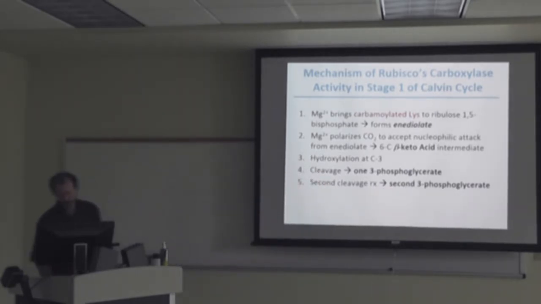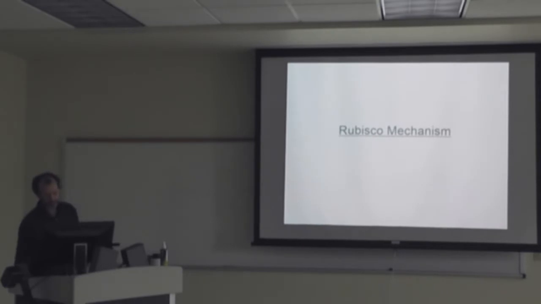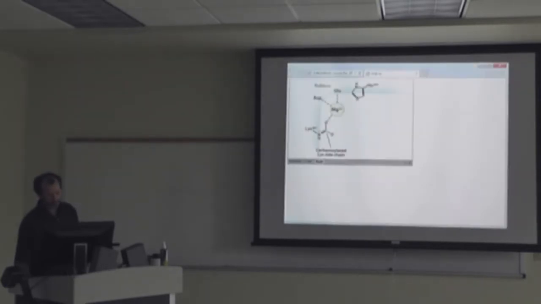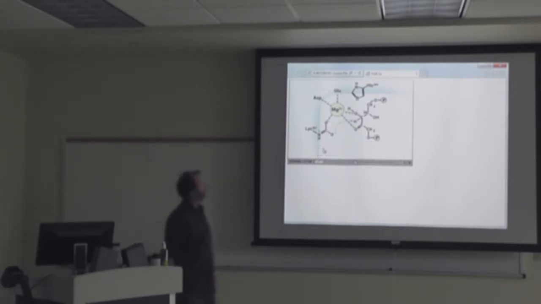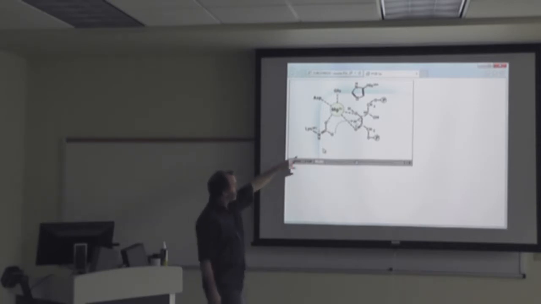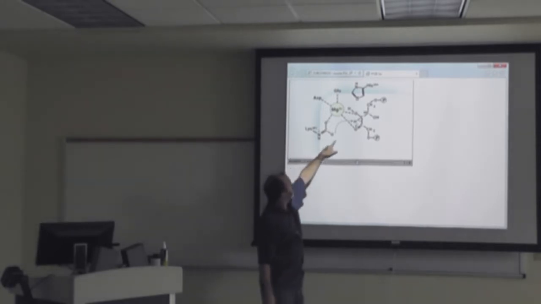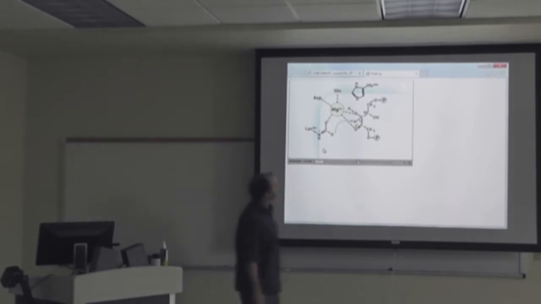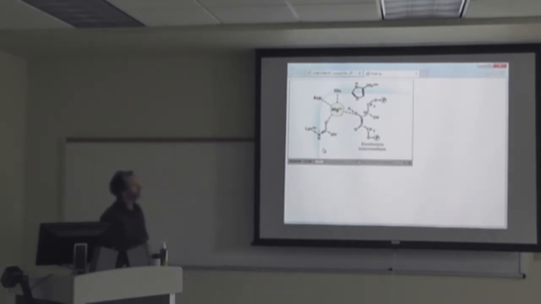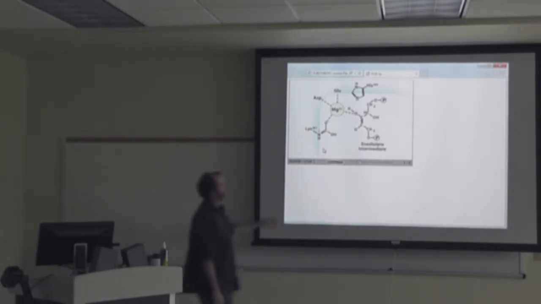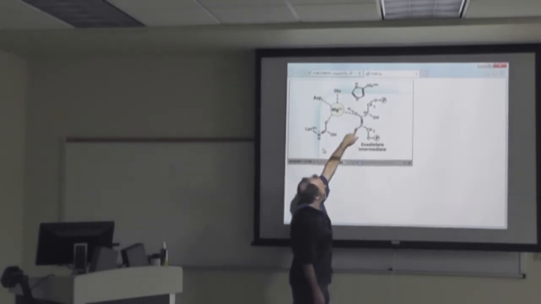And we can look at these mechanisms in more detail. Again, there's the magnesium, glutamic acid, aspartic acid, and then the carbamylated lysine. They all coordinate with that magnesium. The carbamylated lysine pulls off the hydrogen ion, and you form that enediolate intermediate.